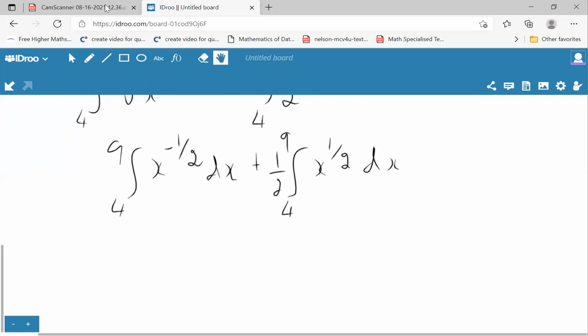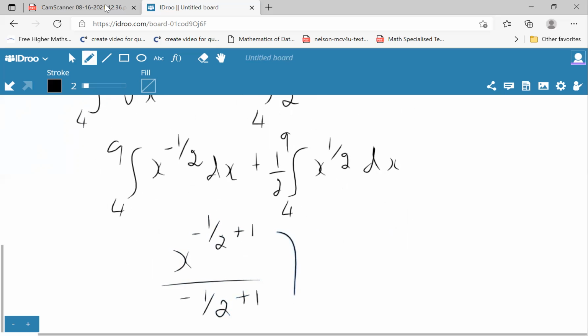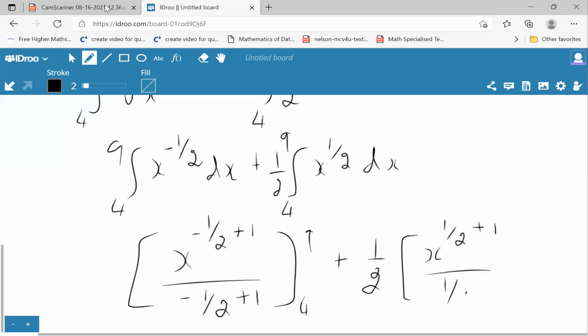On integration, you get x to the power of minus half plus 1 by minus half plus 1 between the limits 4 to 9, plus half into x to the power of half plus 1 by half plus 1 between the limits 4 to 9.